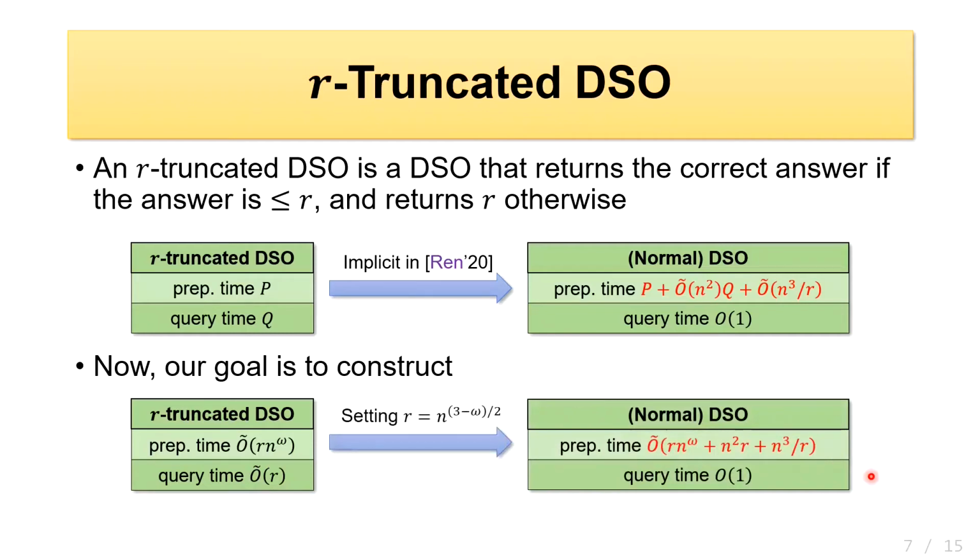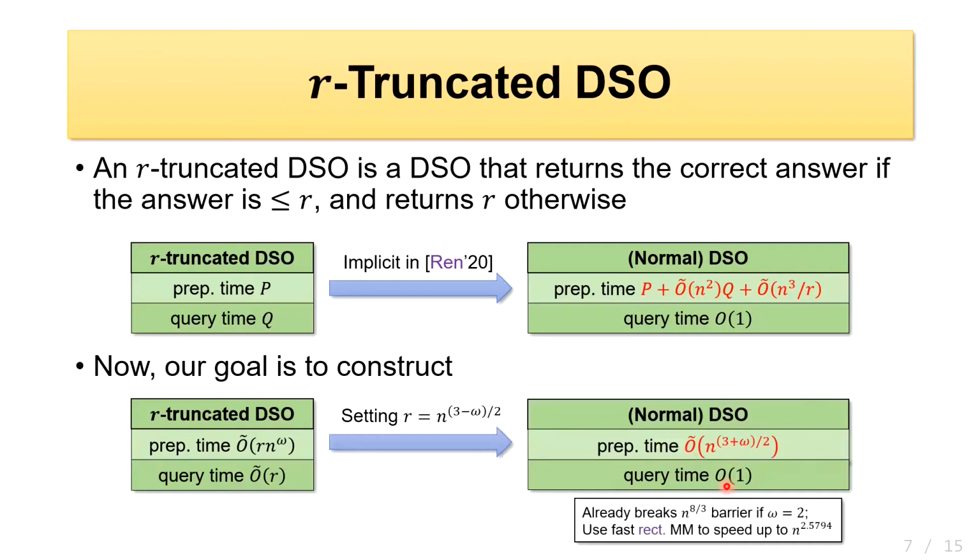And if you choose R wisely, you get a DSO with preprocessing time n to (3 plus omega) over 2 and constant query time. If omega is 2, then this already breaks the n to 8/3 barrier. Let me also mention that this time bound of n to (3 plus omega) over 2 is not optimal. We can use fast rectangular matrix multiplication to speed it up to n to 2.5794.